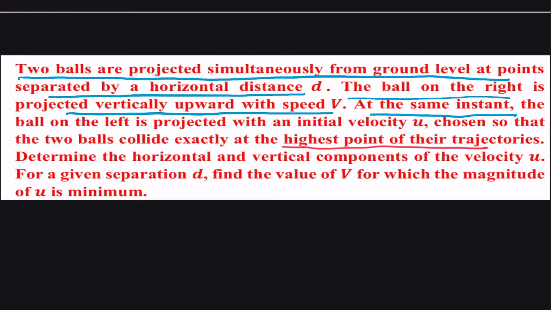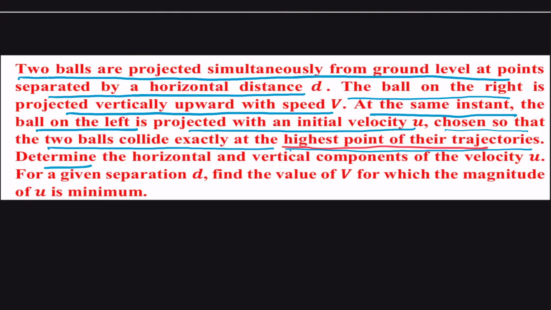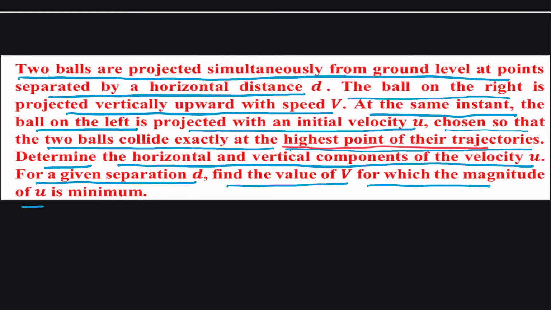At the same instant, the ball on the left is projected with the initial velocity u, chosen so that the two balls collide exactly at the highest point of their trajectories. Determine the horizontal and the vertical components of the velocity u. For a given separation d, find the value of v for which the magnitude of u is minimum.